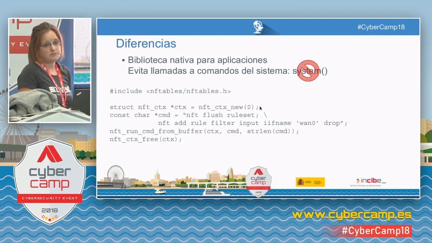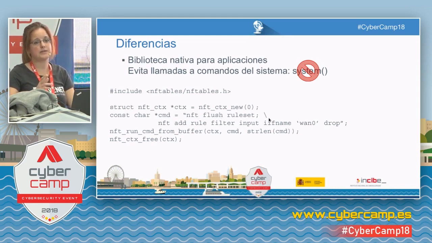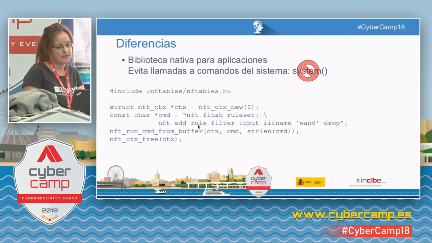You then generate a context object, CTX. We then set that in a string buffer, or the commands; it could be commands or it could be a chain of commands that need to be run. For instance, here, nft flush ruleset, and then a semicolon saying that we want to chain it with another rule.